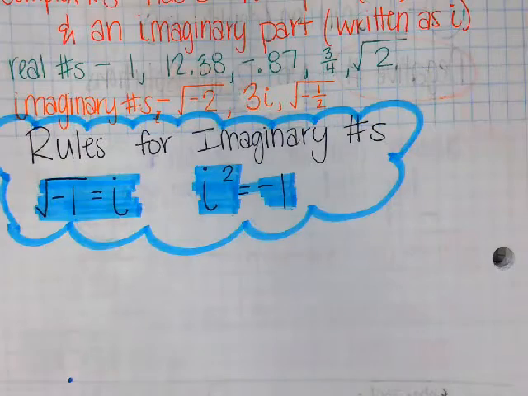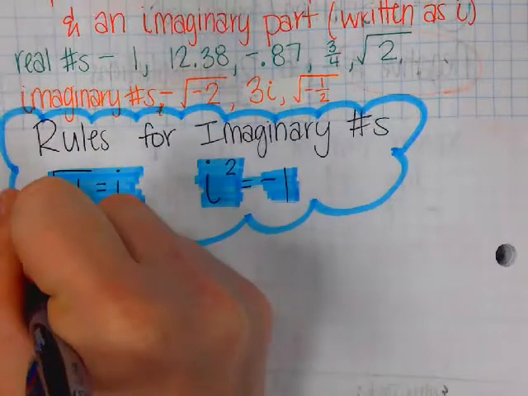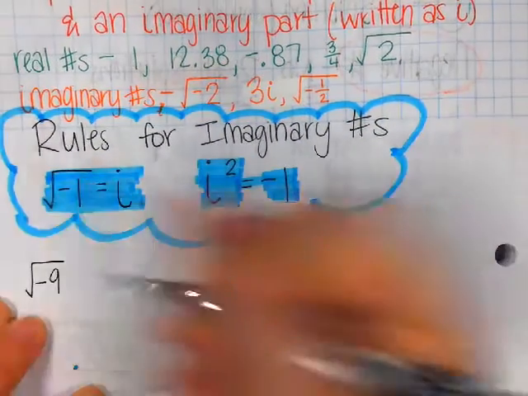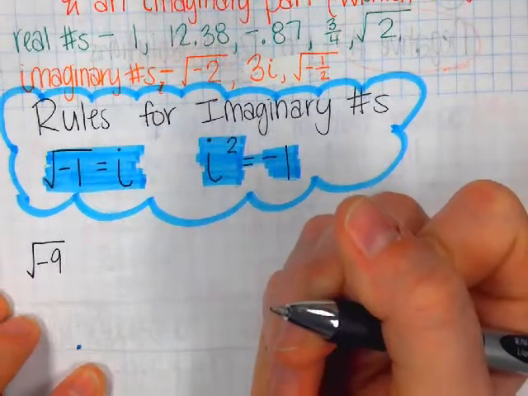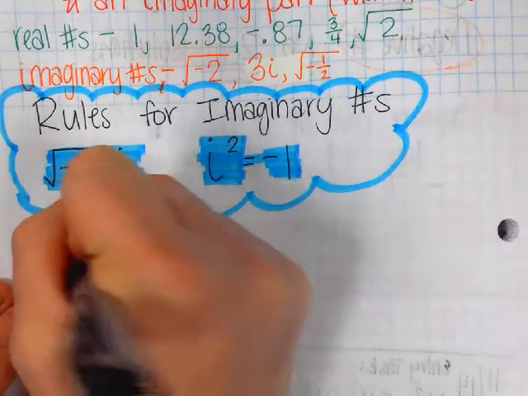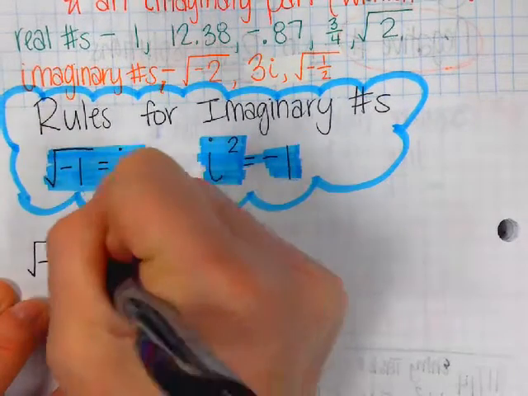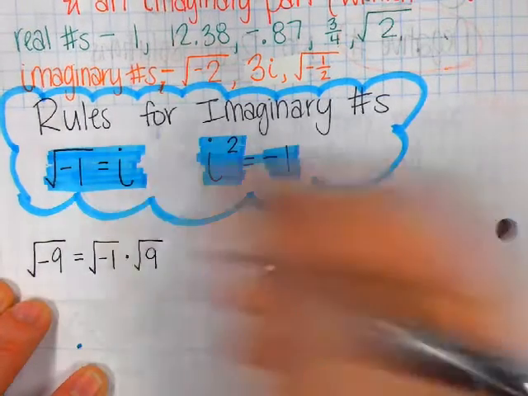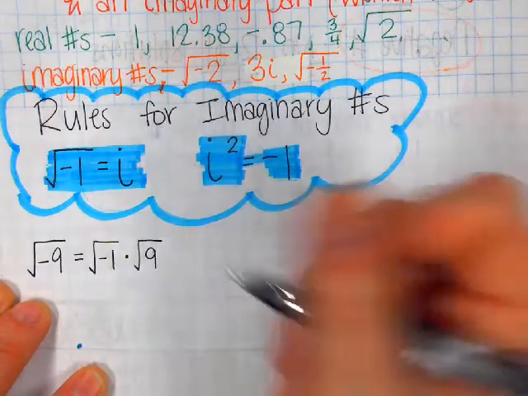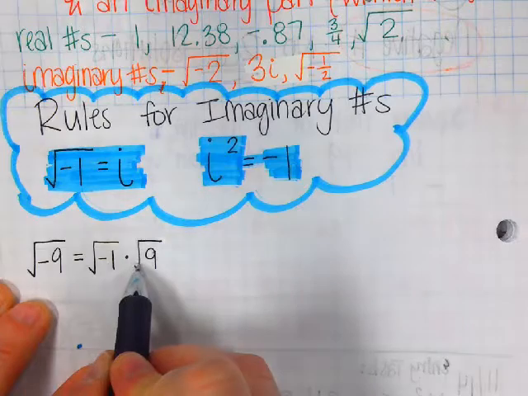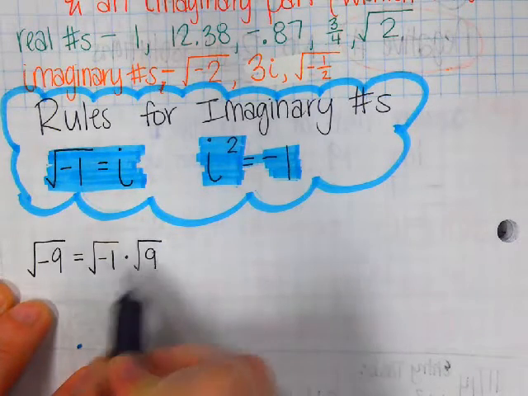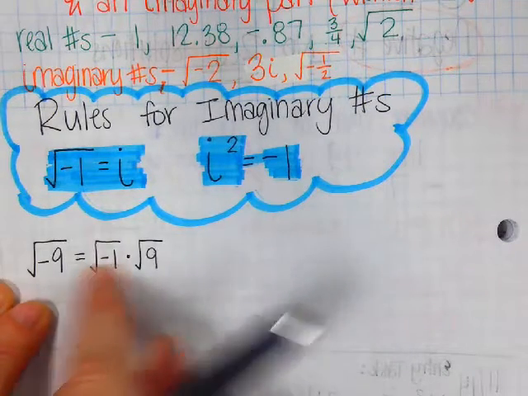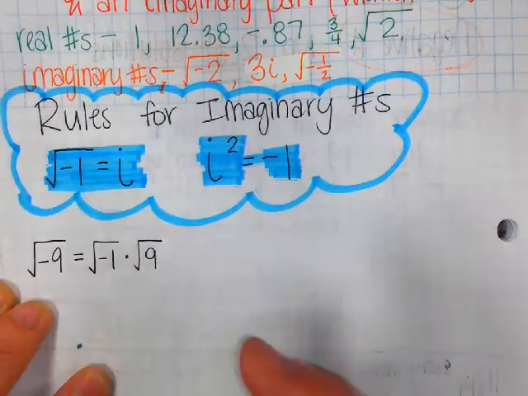Okay, so if I have the square root of -9, that's the same thing as saying I have the square root of -1 times the square root of 9, since they're both under the square root.